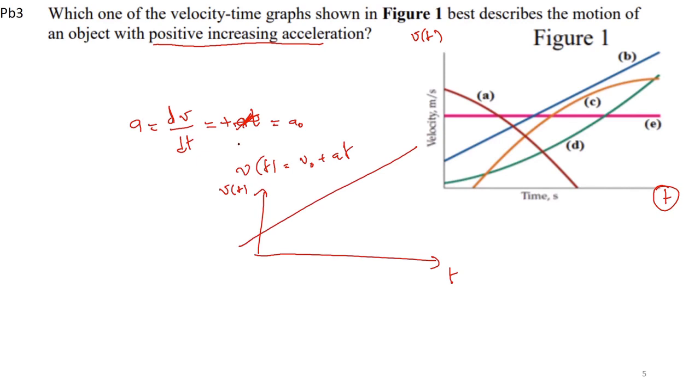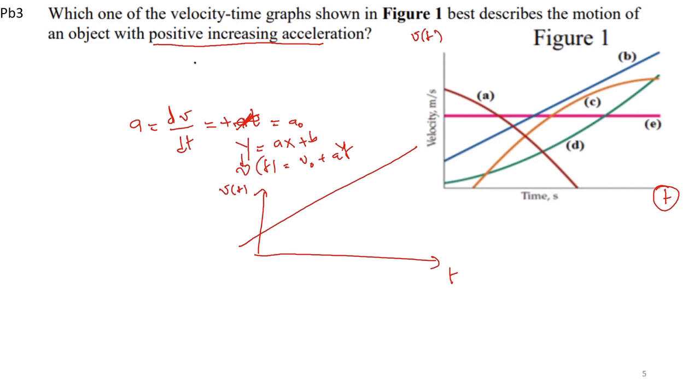This is basically y is equal to ax plus b. Here my y is my velocity, my x is time. Dependent variable, independent variable. Okay. You will do this in the lab. So when acceleration is constant and positive, V will be a straight line.